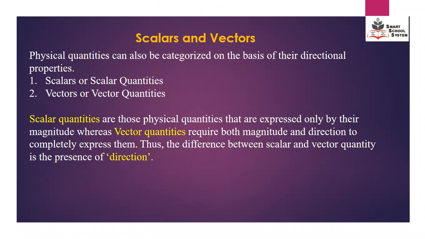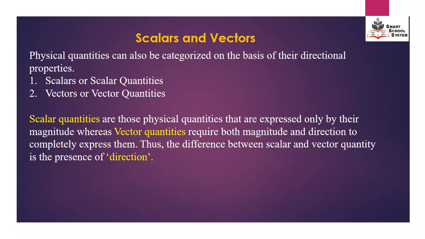Scalar quantities are those physical quantities that are expressed only by their magnitude, whereas vector quantities require both magnitude and direction to completely express them. The difference between scalar and vector quantity is the presence of direction. If there is direction, it will be vector quantity, and if there is no direction, it will be scalar quantity.